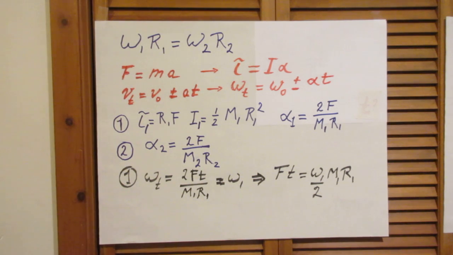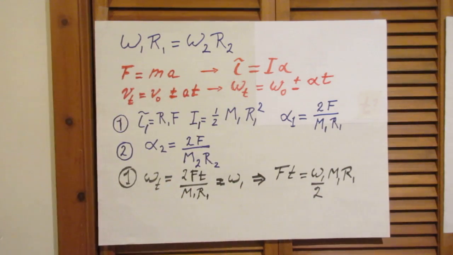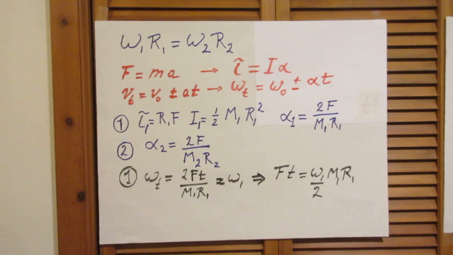Now, let's first go to disk number 1. Tau equals I alpha. What is tau? So tau is the cross product between the position vector from the center of the disk to the frictional force F. And they are perpendicular to each other.